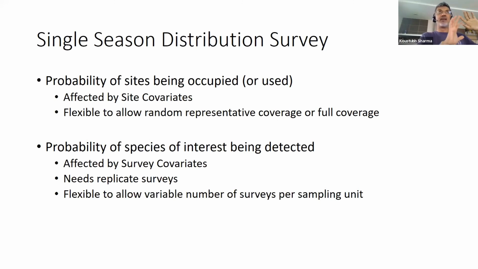So in other words, if 8 is a species that loves green habitat, that is a site covariate. A detection covariate has almost nothing to do with 8, right? Only in certain scenarios, and Abhishek will be talking about it, and we'll talk more about it later. But when you're looking at signs, that's when it comes into play.